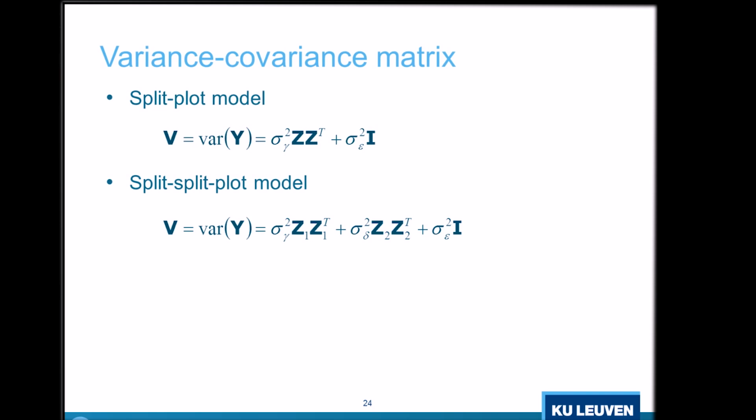Essentially, what these matrices do is they make clear to your software, to your data analysis method, that observations from the same group are correlated and observations from different groups are uncorrelated. That's the kind of information in these matrices.